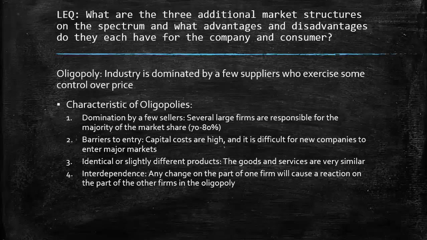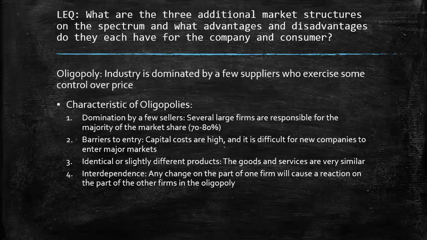So what I'd recommend doing if I were you guys, as you were writing these characteristics down, I would pull up your notebook or your cell phone and look at the characteristics of monopolies and perfect competition and see how they compare and contrast. Hint, hint, wink, wink, that will help you out substantially. So if a monopoly is domination by one seller and perfect competition is numerous sellers, an oligopoly, oli, means a few.